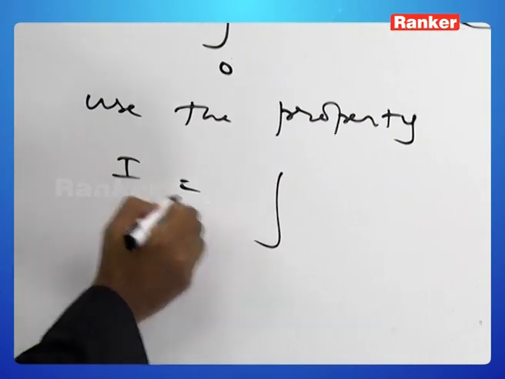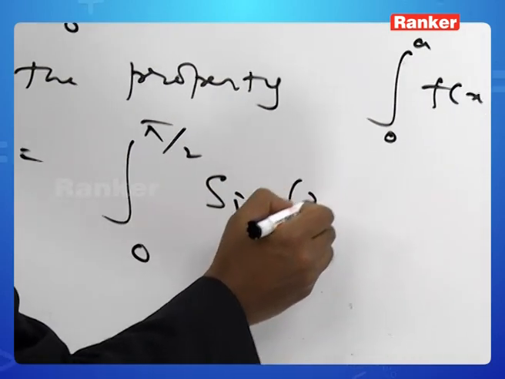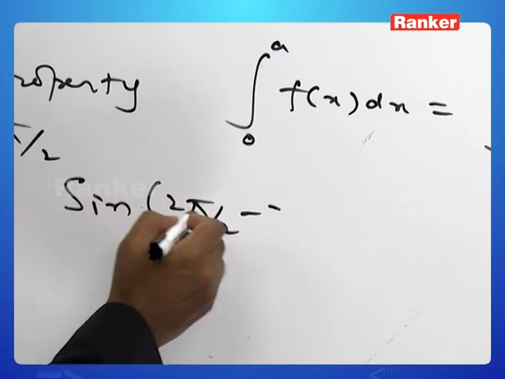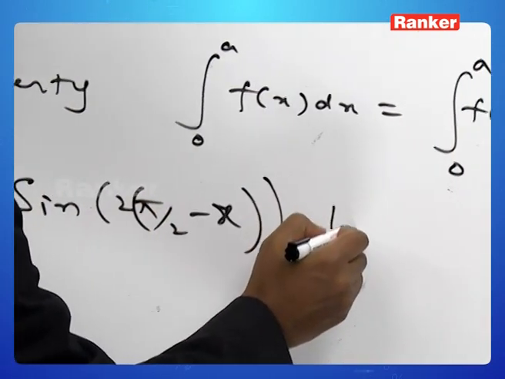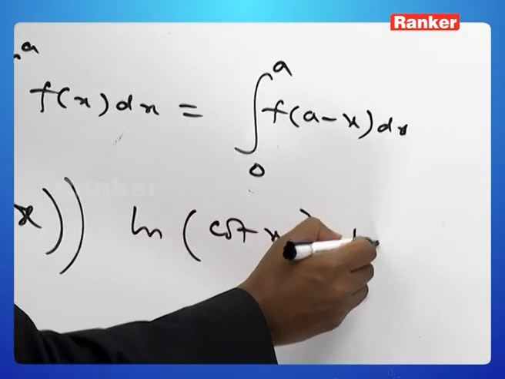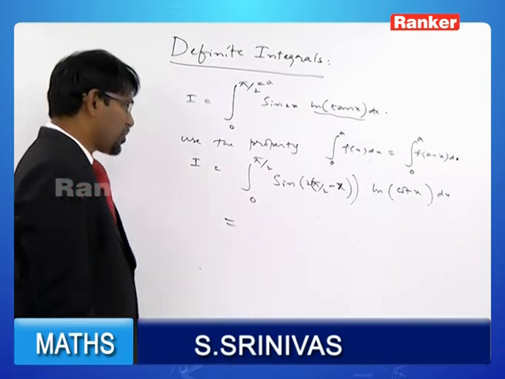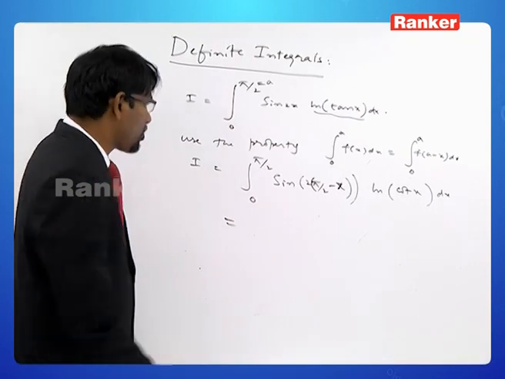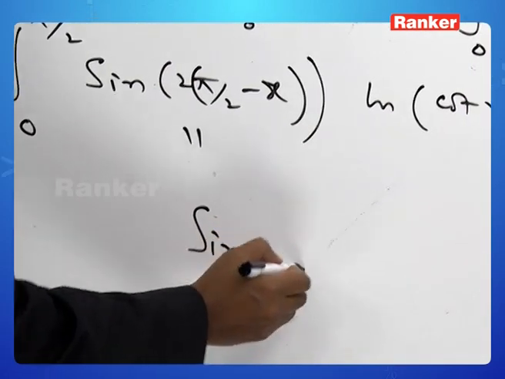The integral I can be written as 0 to pi by 2 of sine of 2 into (pi by 2 minus x), ln of tan of (pi by 2 minus x) which becomes cot x dx. Now 2 into (pi by 2 minus x) is sine of pi minus 2x, and we know that sine of pi minus theta is the same as sine theta. So this will just turn into sine 2x only.